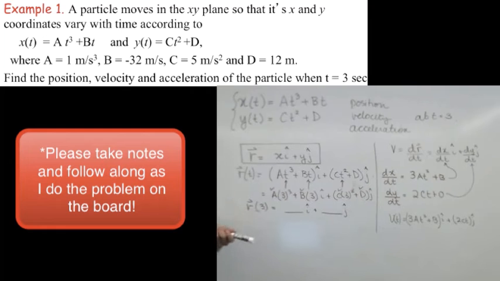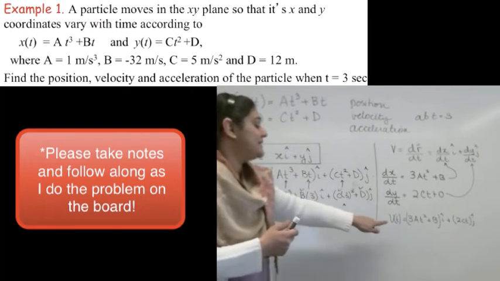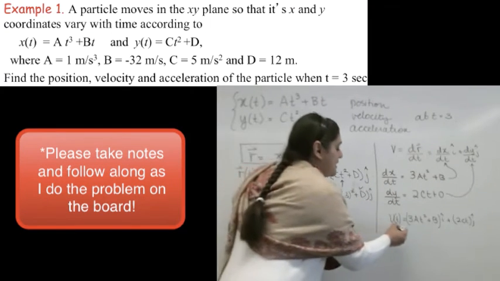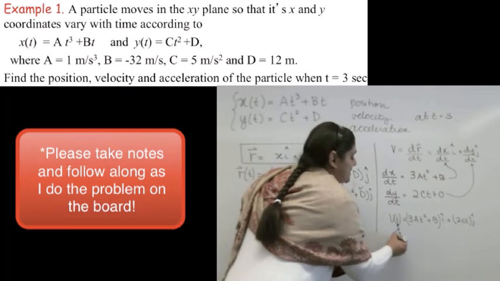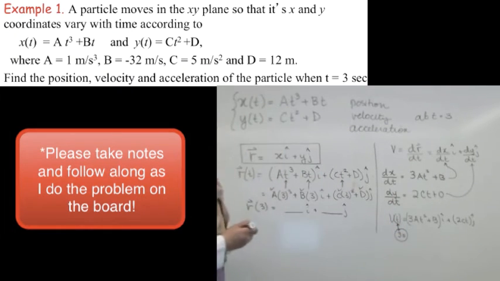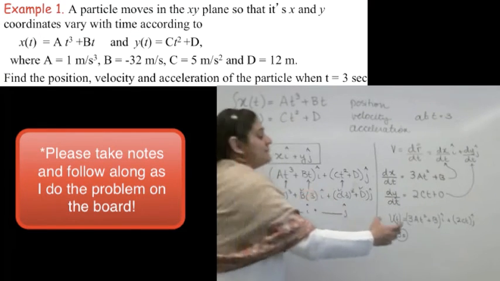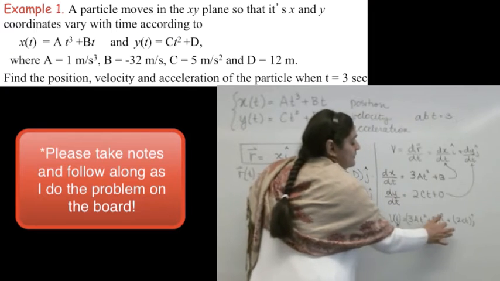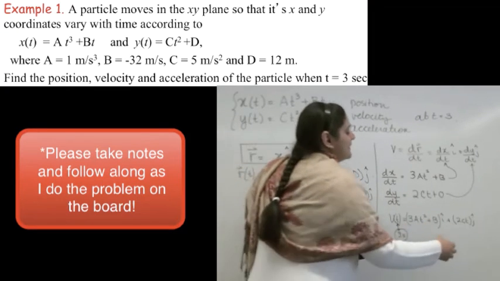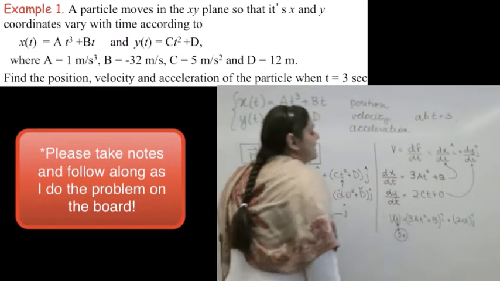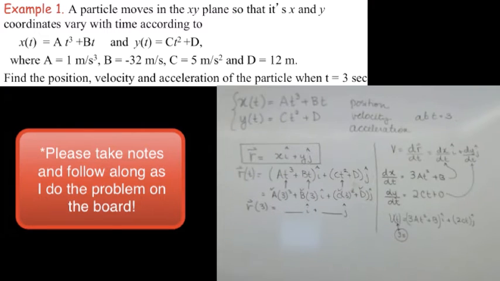Similarly, since the question asks me to find it at t equals 3 seconds, all I have to do is put in 3 seconds for my time and solve it. So I will have a velocity at 3 seconds be some number multiplied with the unit vector i, and then a number multiplied by the j unit vector.